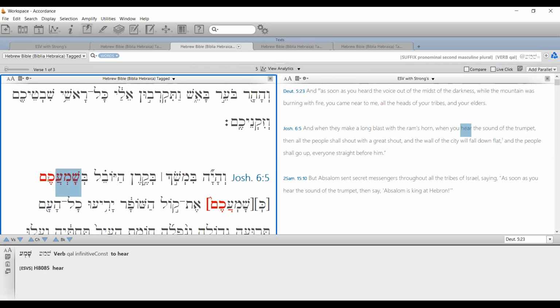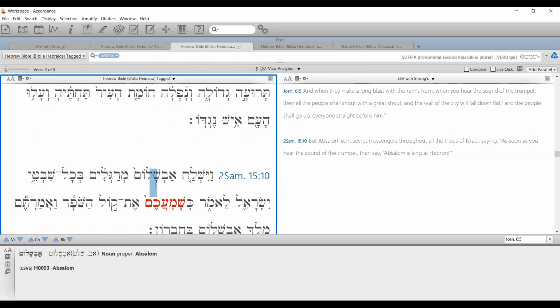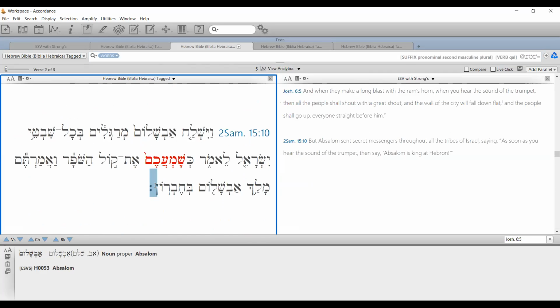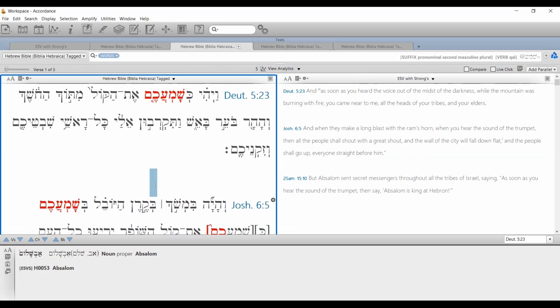Yeah, this is also infinitive construct. It found several occurrences of the same root with the suffix. So that is why this is just a line or string that helps us look for a specific form.